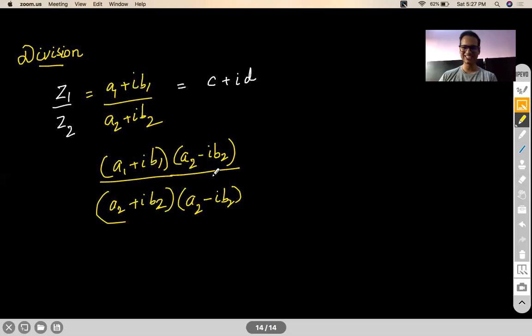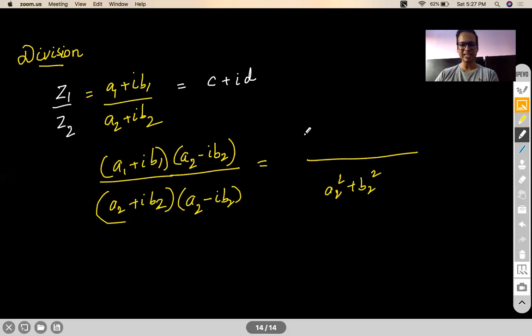So when you do that, your denominator will become A2 square plus B2 square. On the numerator, let me write down the real parts first: A1 A2, and you'll have minus I square B1 B2, which is plus B1 B2. And if you take I common, you'll have A2 B1 minus A1 B2.